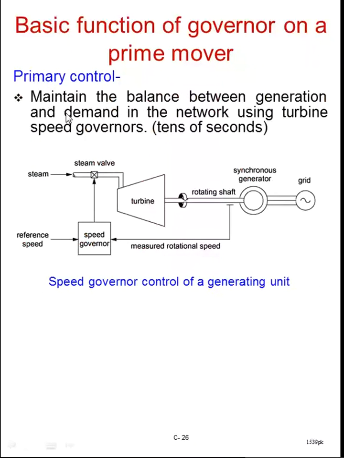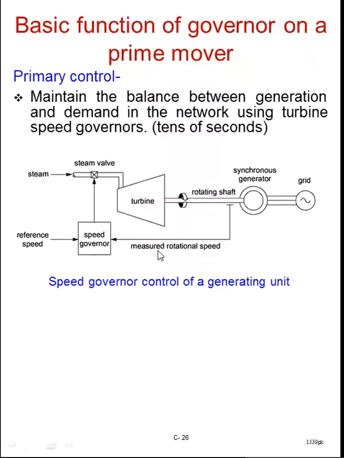So in a primary control way, we can say that these governors are meant to maintain a balance between the generation and the demand. As shown in this figure, you have the turbine. This is the steam inlet. Here you have a valve, and this is your governor, and you have a reference speed to the governor.